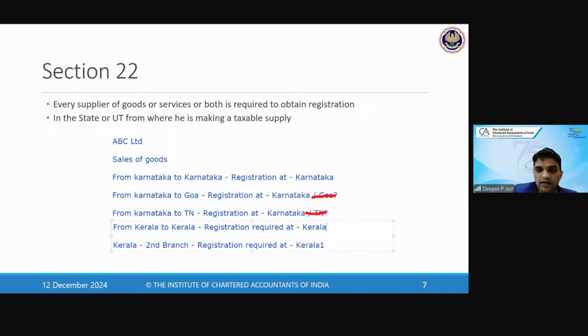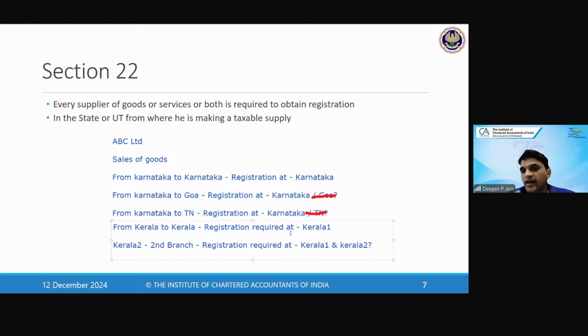So I'll call this one Kerala 1 and this one Kerala 2. So is registration required at Kerala 1 and Kerala 2? No, not required. So correct.